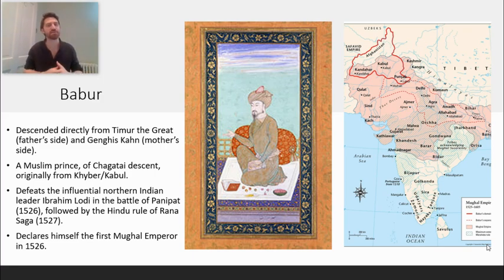So there was a lot expected of Babur, but he's from quite a small area in what is now modern day Pakistan or Afghanistan. And he originally has a kind of Mongolian or what is known as a Chagatai descent.